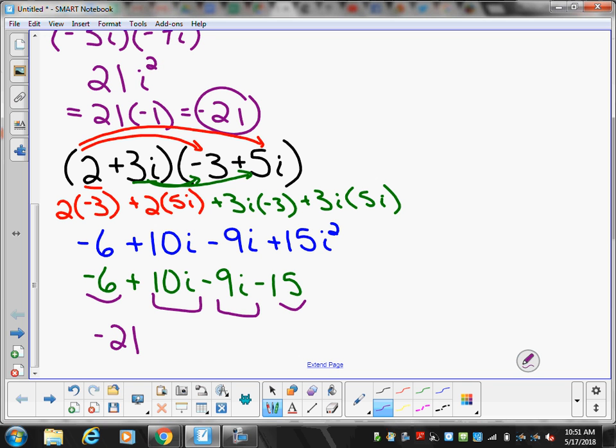And then 10i minus 9i is a positive 1i, or just plus i. So negative 21 plus i.